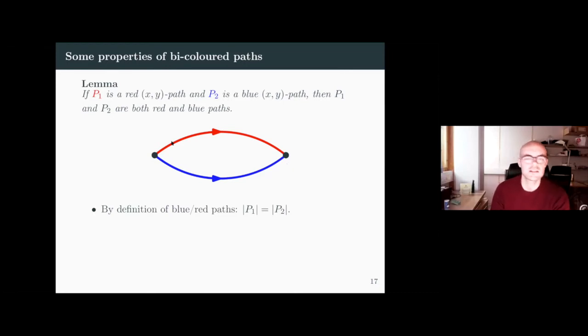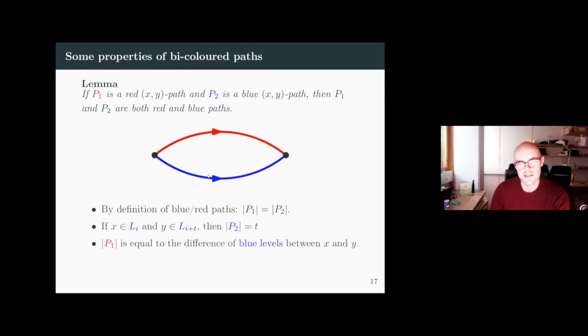Again, it's just because if you look at the blue path here, the difference of levels in blue is exactly the length of this path. But by definition of red-blue paths, these are shortest paths. So the red path has exactly the length which is the difference of levels. So again, it's also a blue path, etc. So a bit technical once again, but very easy to get.